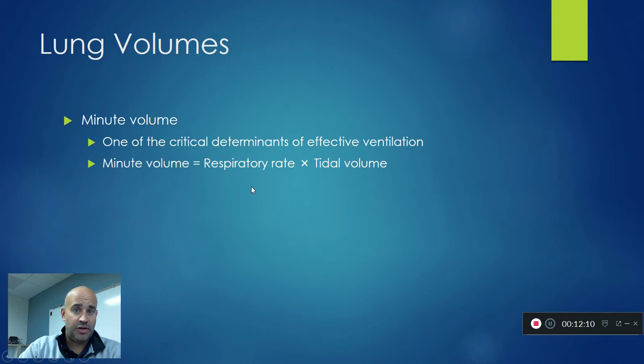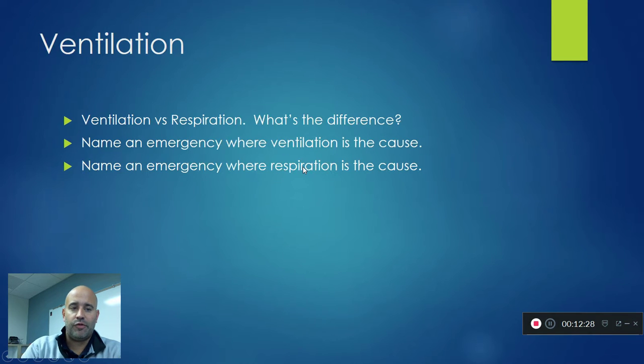We can increase the respiratory rate, but maybe we can't because there's a bronchoconstriction. What could we maybe try to do? Maybe slightly elevate the tidal volume. There are times where that would be appropriate and times that would definitely be inappropriate. And we'll talk about that later on. Right now, remember that formula for me.